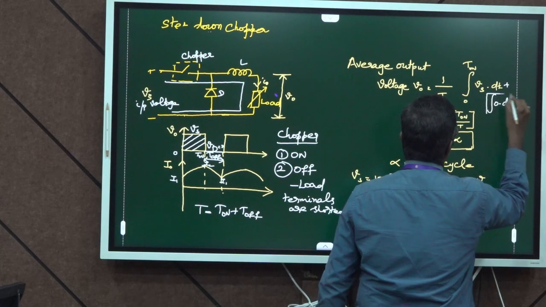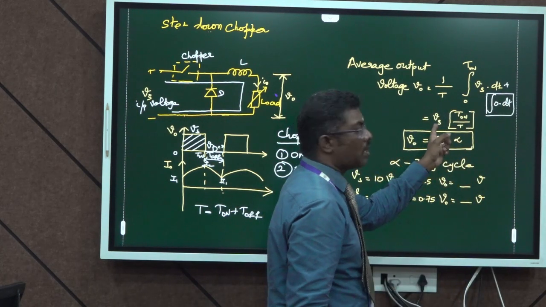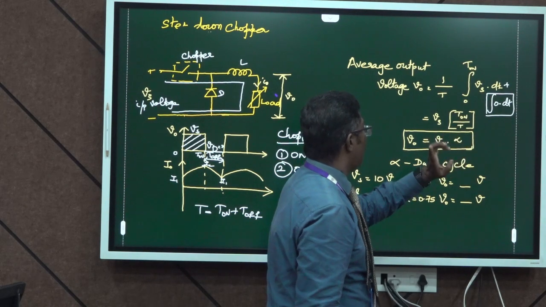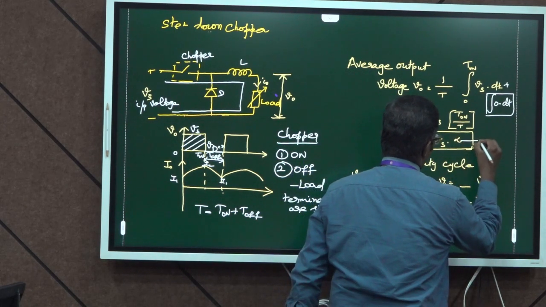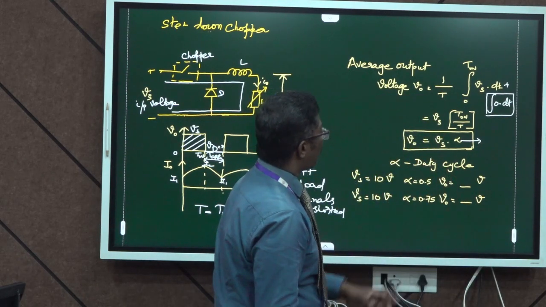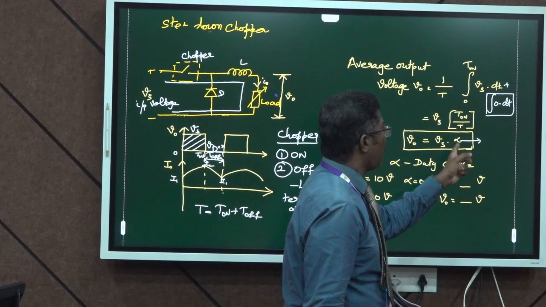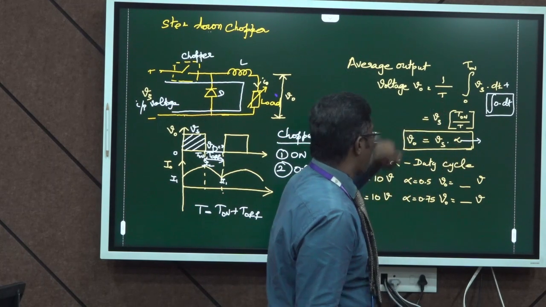So, I have neglected this term, and integrating this I am getting this expression Vs into T on divided by T, and I am introducing another term, that is alpha, otherwise named as duty cycle, and this alpha can be found out by dividing the two terms, on time period divided by the total time period.